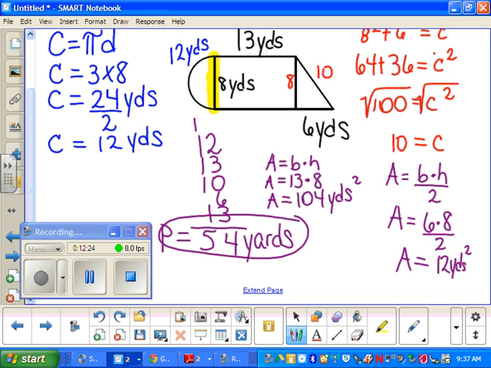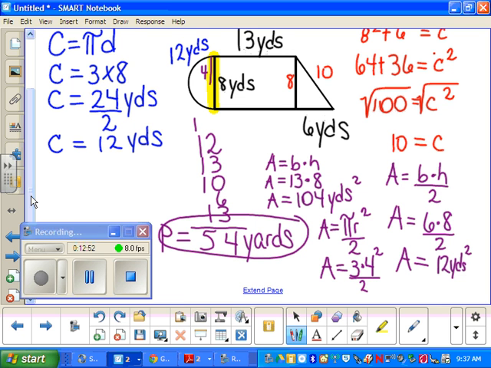And now I have to find the area of my circle. And then I'll just take half of it because it's only half a circle. So pi r squared divided by 2. So I'm going to do 3 times, and I'm not going to do 8 squared because 8 is not my radius. My radius is only 4. It's only halfway. So I'm going to do 3 times 4 squared divided by 2.